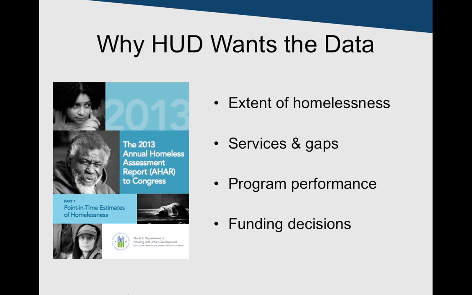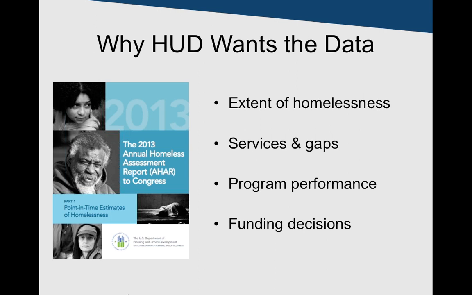So each year, HUD releases the Annual Homelessness Assessment Report, otherwise known as the AHAR. It is a report to Congress that provides nationwide estimates of homelessness, including information about demographic characteristics of homeless persons, service use patterns, and the capacity to house persons experiencing homelessness.